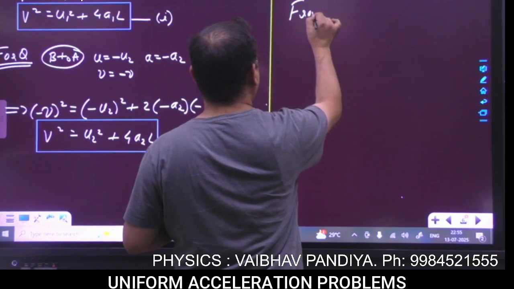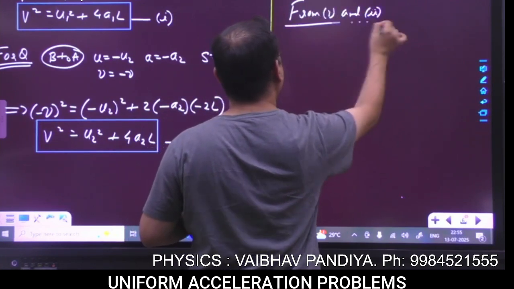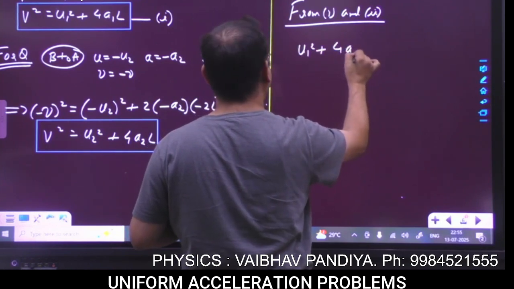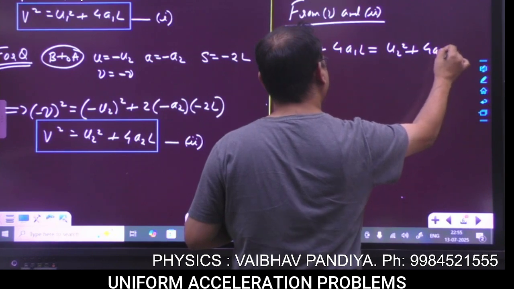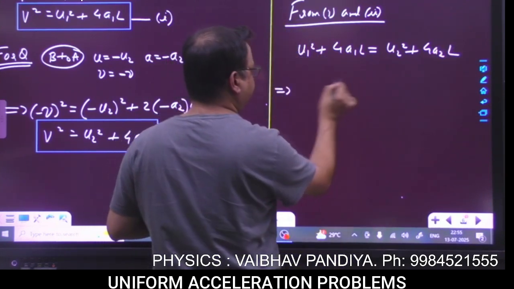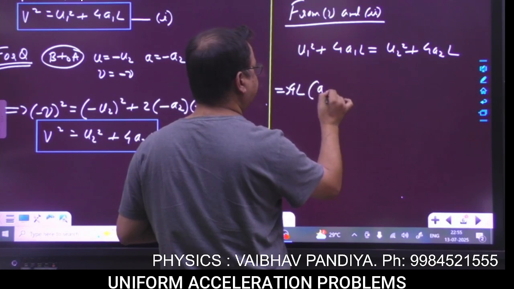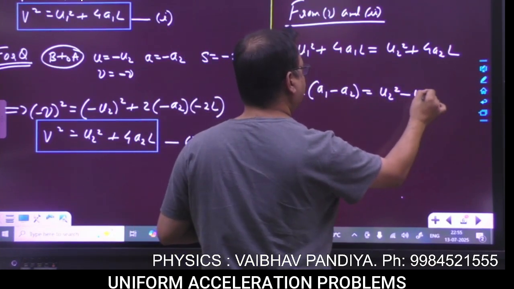I'll get U1 square plus 4A1L is equal to U2 square plus 4A2L. So if I take 4L as a common factor, I'll get 4L times A1 minus A2 is equal to U2 square minus U1 square.